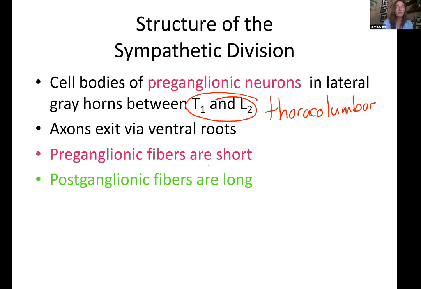They tend to have really short part 1, which is the preganglionic, and then a much longer part 2. This is the opposite of what the other will be.